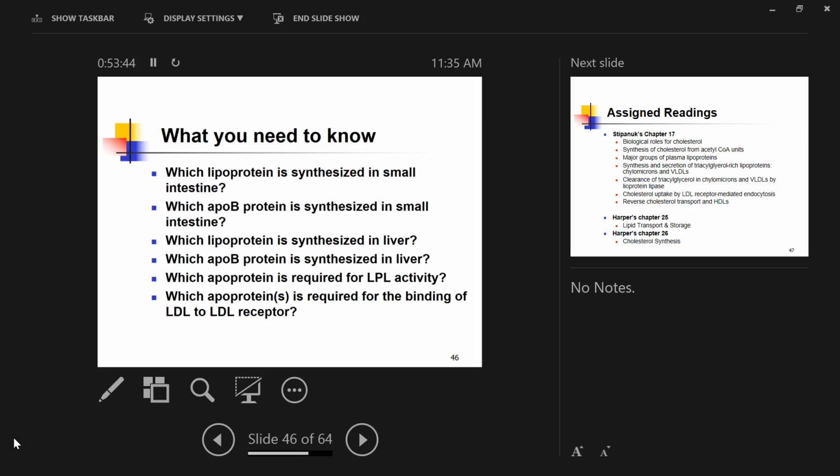Okay, so which apoprotein is required for LPL activity? ApoC2, right? Okay, and which apoprotein is required for binding to the LDL receptor? E, right? And also B100, right? Both E and B100.